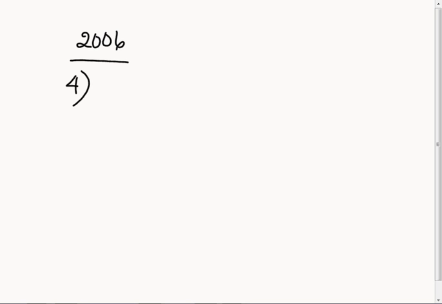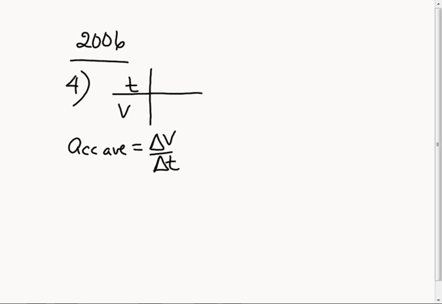It says, find the average acceleration. Now in my table, I have t and v. How do you find average acceleration? It's the change in v. This is what you do have to know. These equations you have to know. So the average acceleration is, and I want it where t is between 0 and 80.